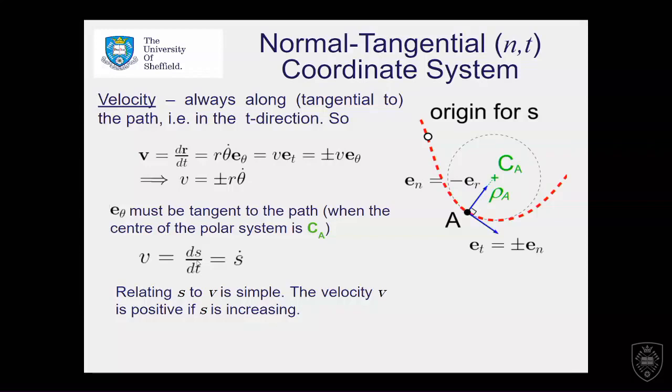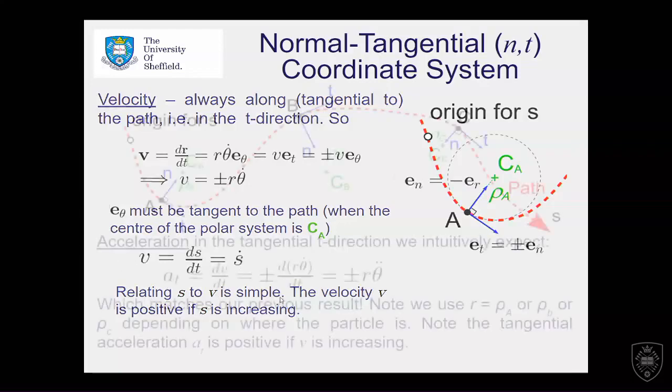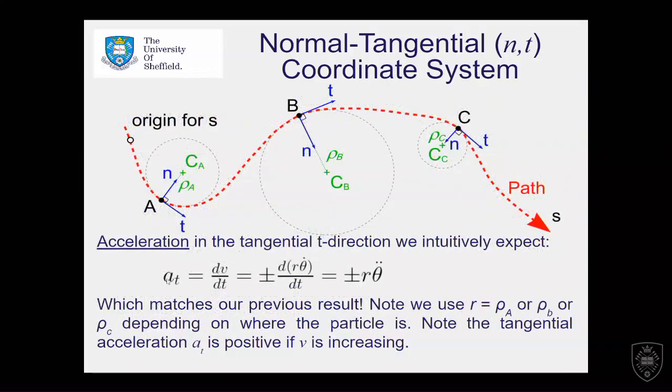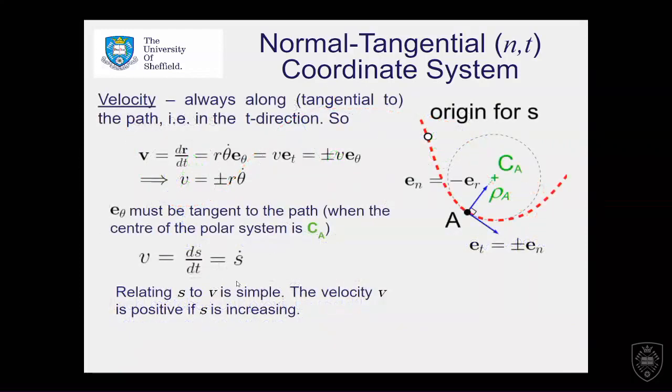So s is how far you've traveled along the curve. If your velocity is tangent, the derivative of the distance is going to be the velocity. So let me see if I can make that as simple as possible. I guess this is just intuitive, right? I guess that's also from the definition of the derivative, really.